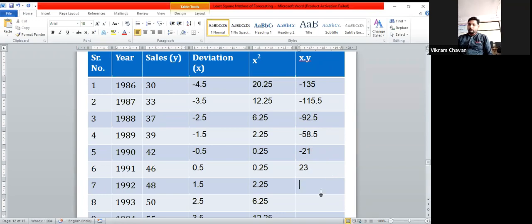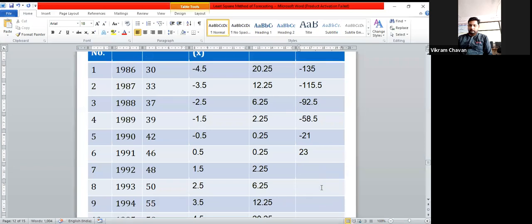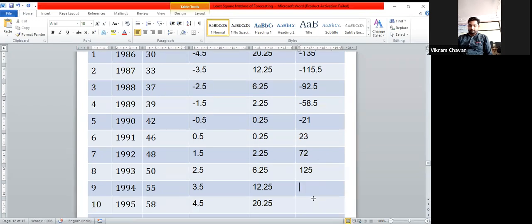48 multiplied by 1.5, it is 72. 50 multiplied by 2.5 is 125. 55 multiplied by 3.5, it is 192.5.